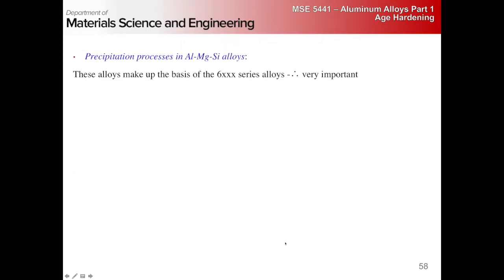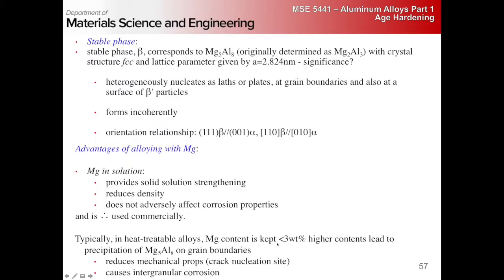And for this reason, we want to keep the magnesium content below 3 weight percent because we don't want to nucleate and grow beta on the grain boundaries. This serves as a crack nucleation site. This is a brittle compound, and it also gives rise to intergranular corrosion problems.